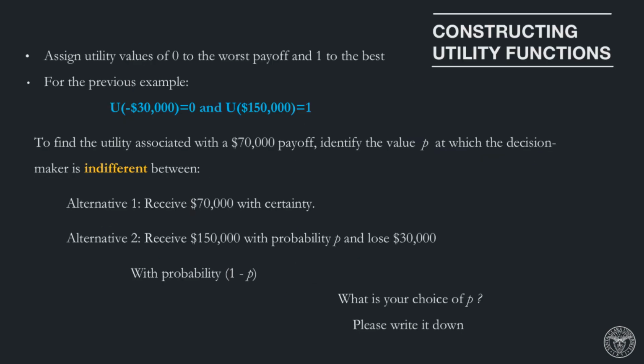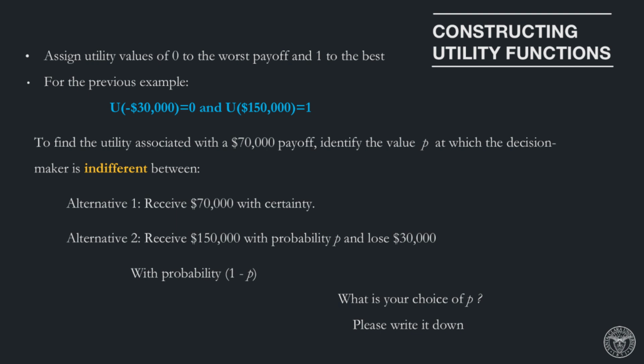Now let's try to play this game. We are going to find the utility associated with the 70,000 payoff. So you have 2 choices right now. In the first choice, you want to receive $70,000 with certainty in cash.